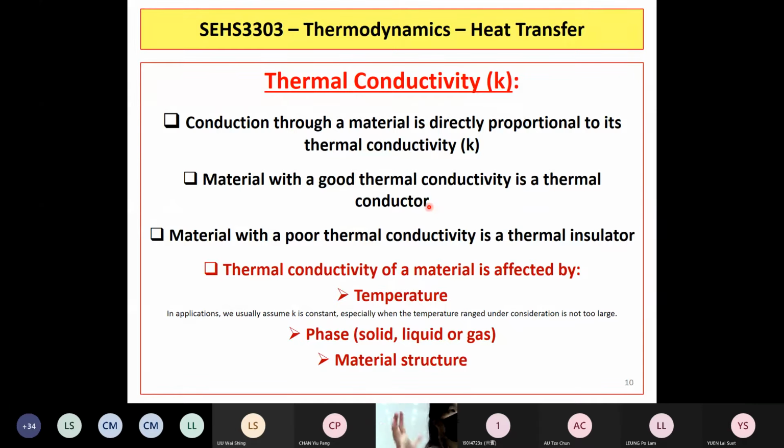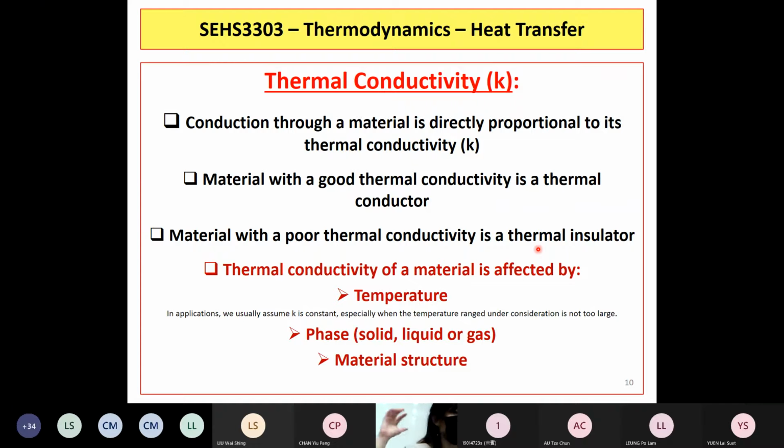It has many more free electrons than a thermal insulator. The thermal insulator has far fewer free electrons, so during conduction it can only transfer energy by vibrating.